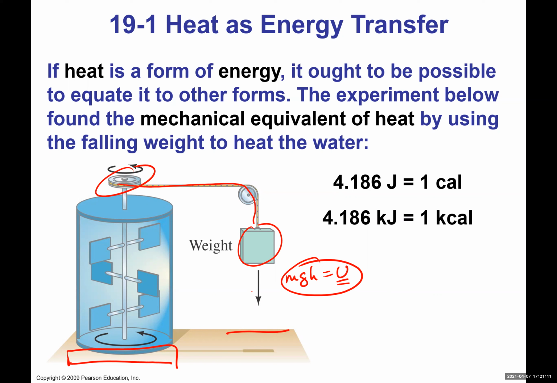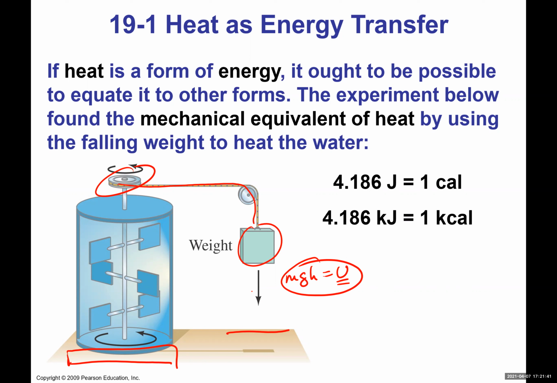So as the paddle rotates, as everything inside starts rotating, the paddle interacts with water molecules, the collision creates friction, and some of the potential energy is converted to heat energy, and the temperature of water increases. And exactly the same increase in temperature can be achieved by the whole process, right? So because the friction converts some of the collision energy into heat energy, the temperature of water increases.